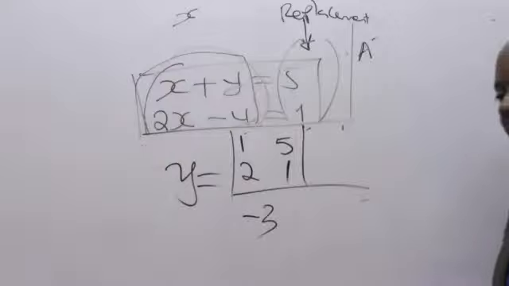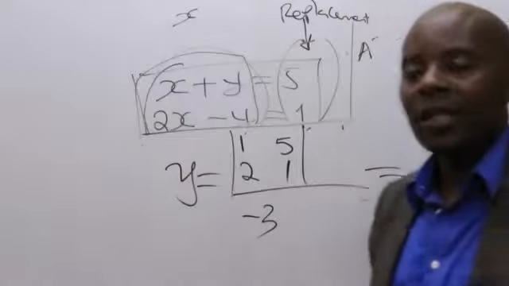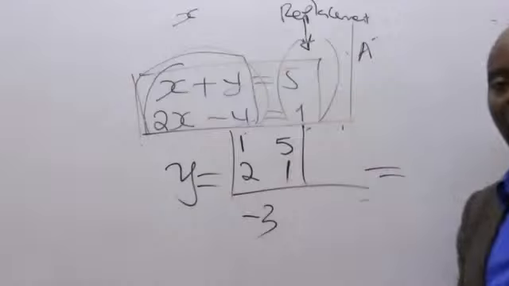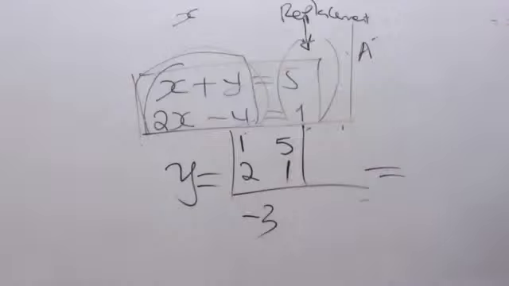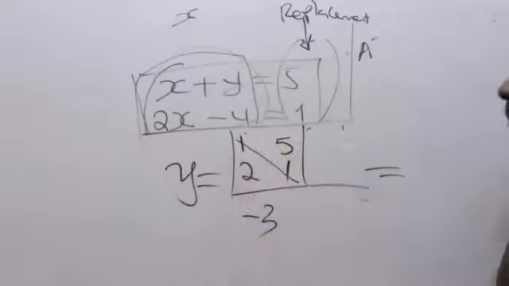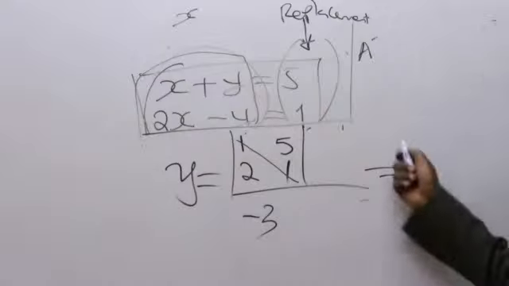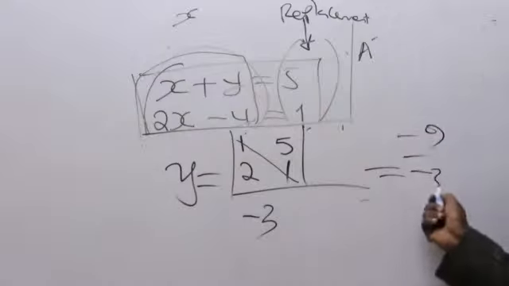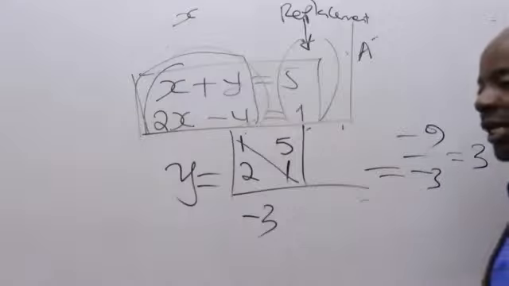So the only thing that we need to do tonight is to ascertain the determinant of the numerator. So 1 times 1 gives me 1, minus 10 gives me minus 9. And then minus 9 divided by minus 3 will be equal to 3.